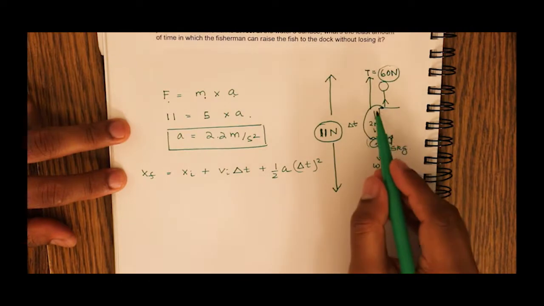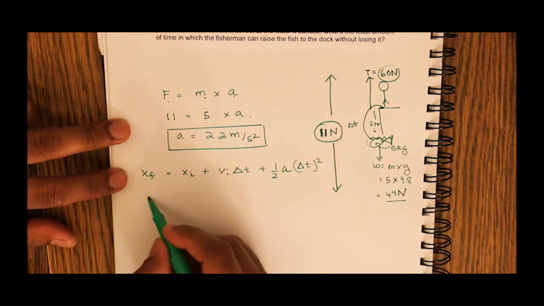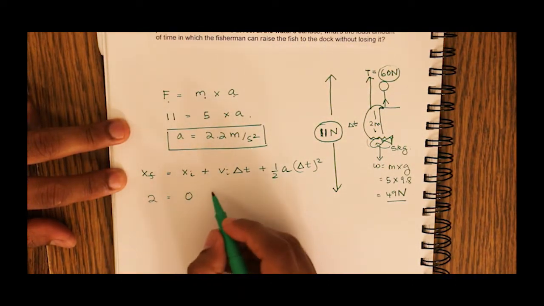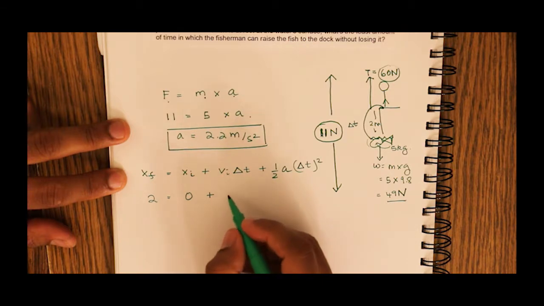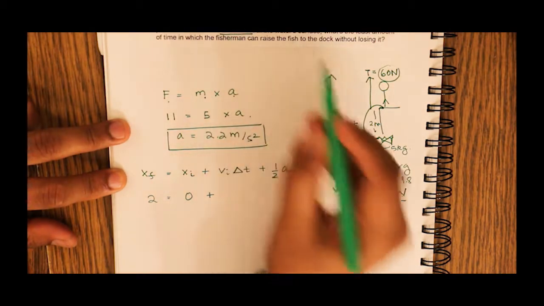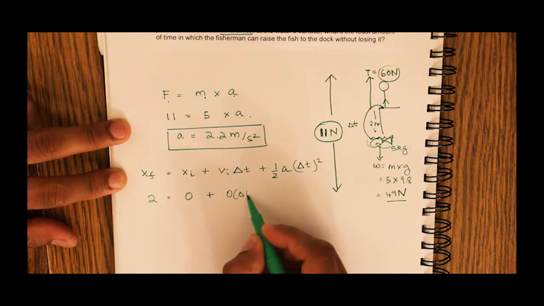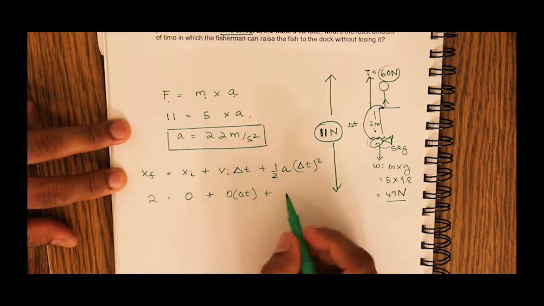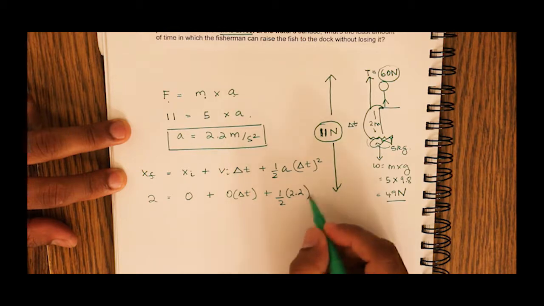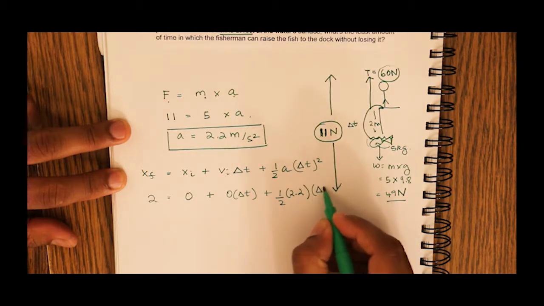So our position final, which is 2 meters, our position initial is 0. Our initial velocity, the fish was at rest, which is given to us in the question, is 0. So this value will be equal to 0. Plus half, our acceleration we found is 2.2 meters per second square. And what is our delta time?